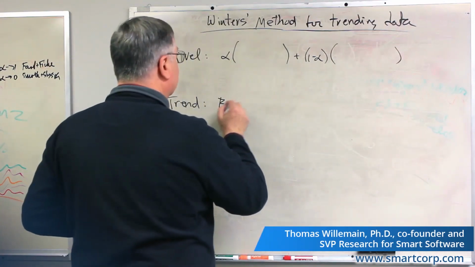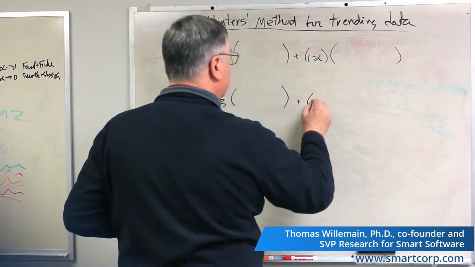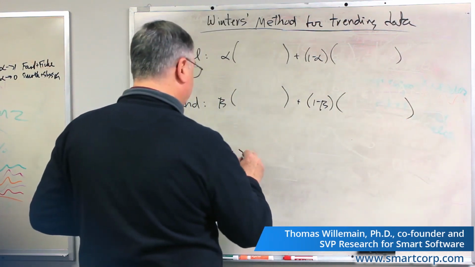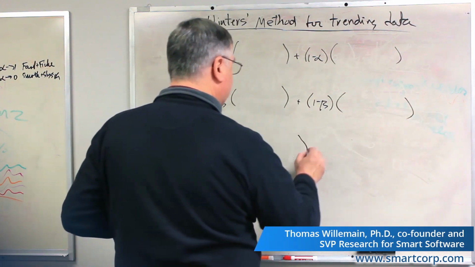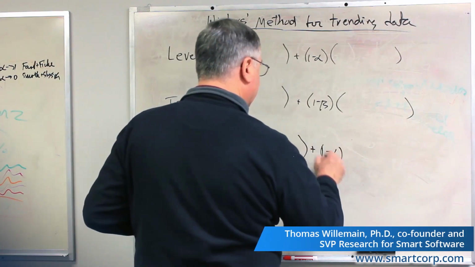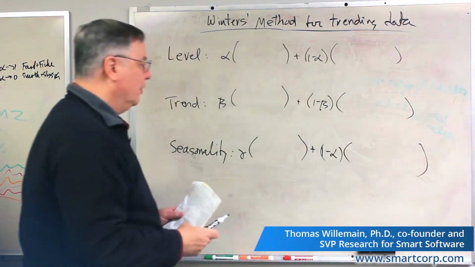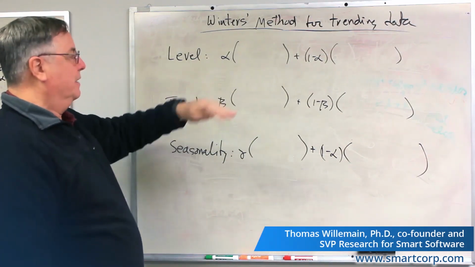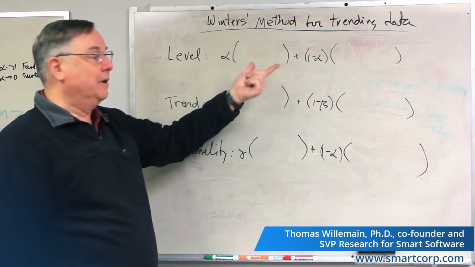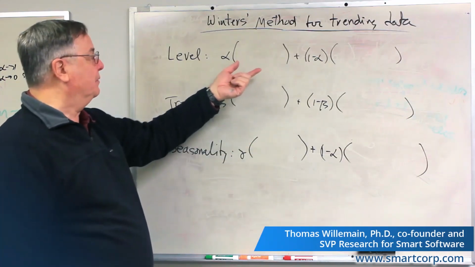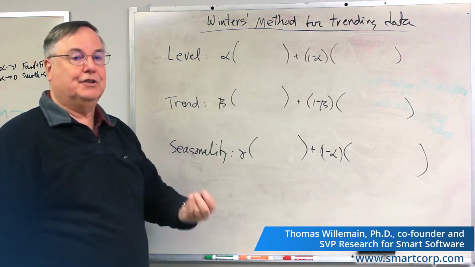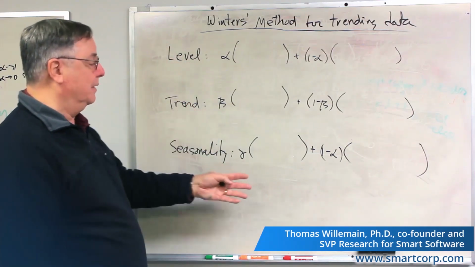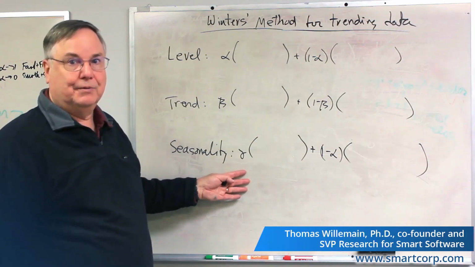We're going to have beta times something plus 1 minus beta times something else. And now we're going to have gamma times something plus 1 minus gamma times something else. So details aside, what we're doing is just using the same simple exponential smoothing 3 times. We're doing it separately for each of the 3 constituent parts of the underlying data: its level component, its trend component, and its seasonality terms.